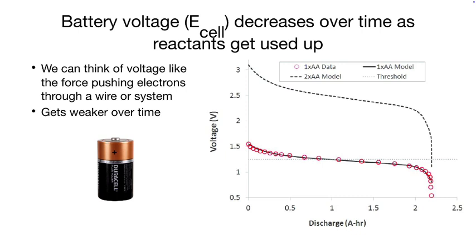Has anybody actually taken a multimeter to a dead battery? How many volts do you think you would see coming out of a dead battery? You would assume 0. Guess what it is? It's about 1.3. If your battery was supposed to produce 1.5 volts, your dead battery will produce 1.3 volts.